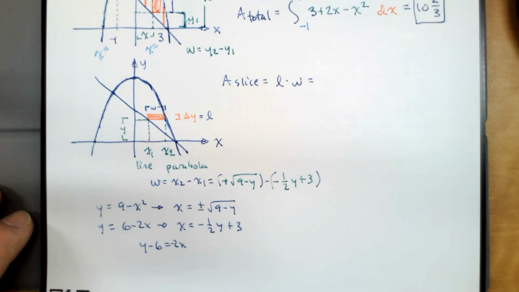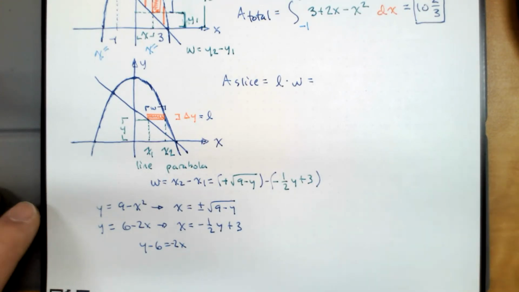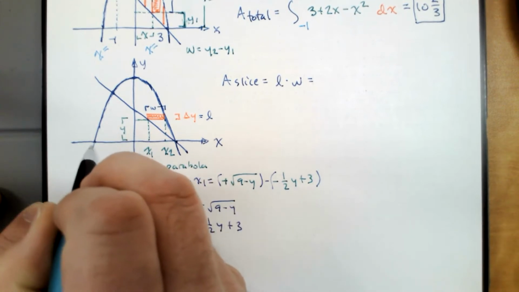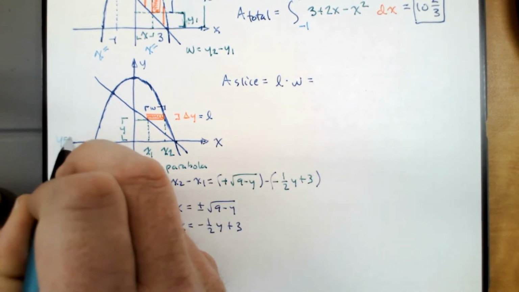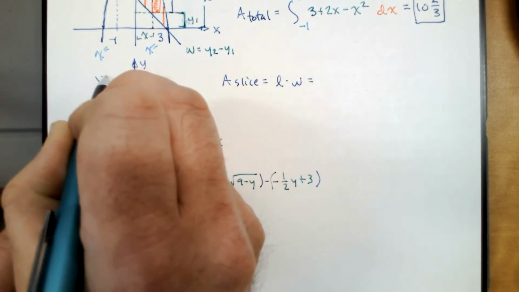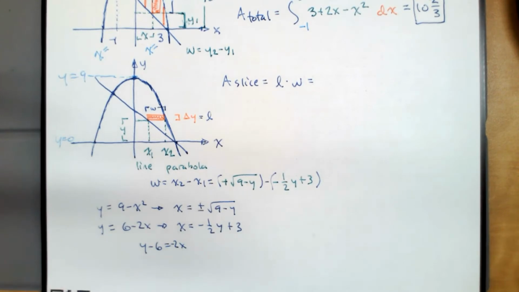So why am I not just going to integrate this expression from 0 to 9? Down here is where y is equal to 0, and up here is where y equals 9. So shouldn't I just use this expression from 0 to 9 on the y's? More accurately, I could ask, why am I not just going to integrate this function from 0 to 9?